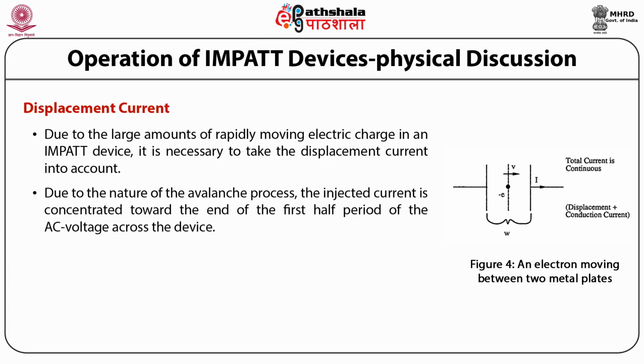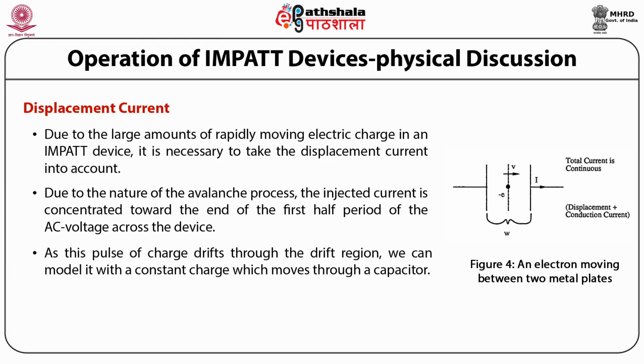So due to the nature of the avalanche process, the injected current is concentrated towards the end of the first half period of AC voltage across the device. The time dependence of the injected charge is therefore similar to a short pulse.